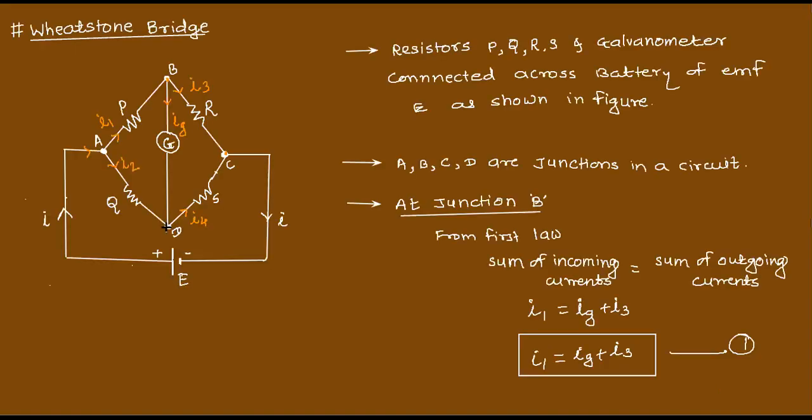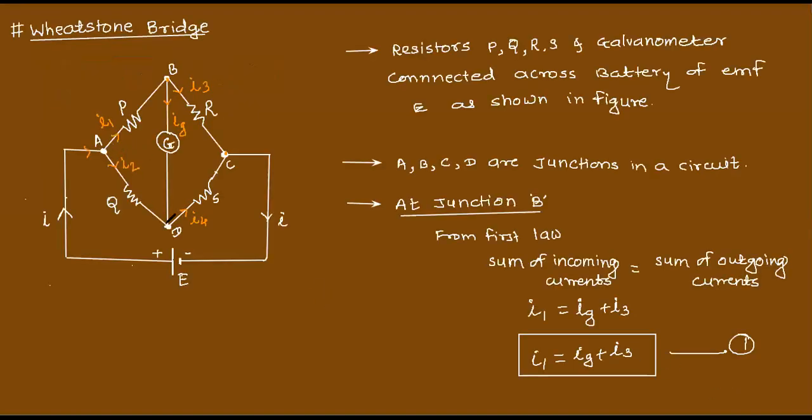Now at junction D, I am writing directly. At the junction D, see, how many currents are coming here? I2 and IG are coming, I4 is going.